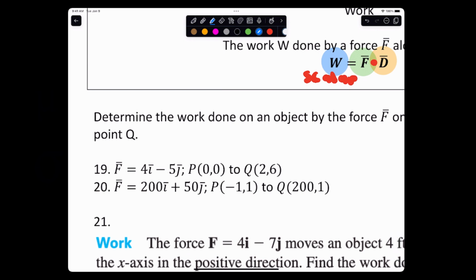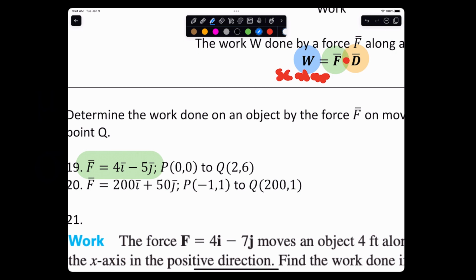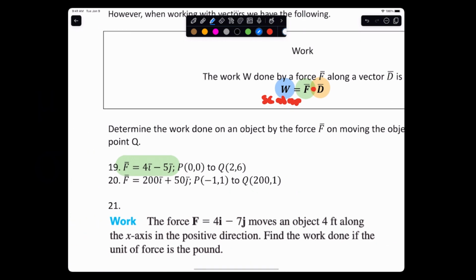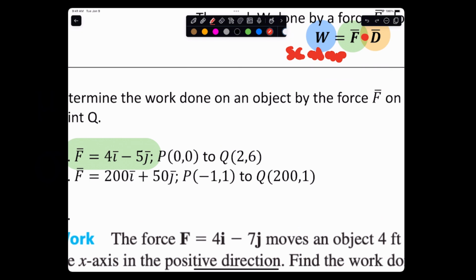So they gave you a force vector here, okay? And now you might say, well, what's the distance vector, d? Well, the distance vector d, you moved an object from an initial point to a terminal point.